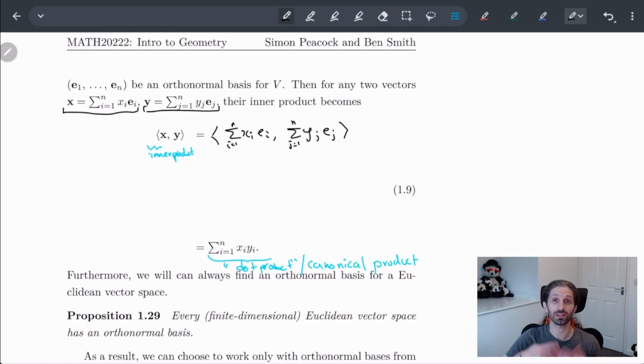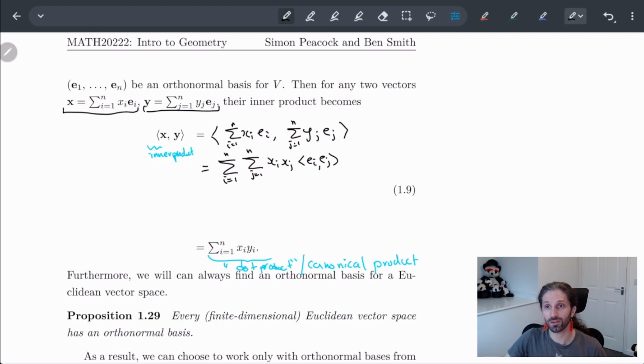Here we're going to use the linearity property of the inner product, and also the symmetry property. We can take out all of these coefficients and bring them to the front. So basically we have the double summation, i equals 1 to n, j equals 1 to n, xi yj times the inner product of ei and ej.